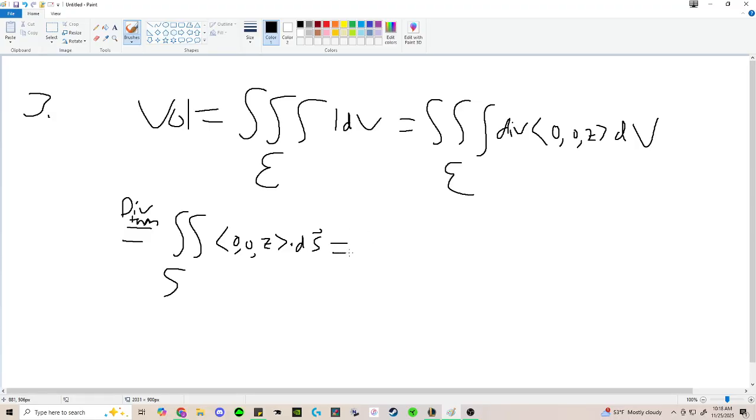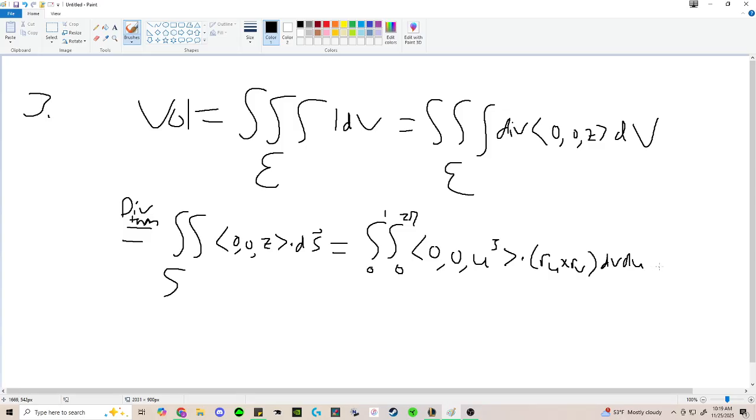Okay, now we just do our rules. This is going to be the integral from 0 to 1, integral from 0 to 2 pi of 0, 0, z, but here z is u cubed, dotted with r_u cross r_v, dv du.